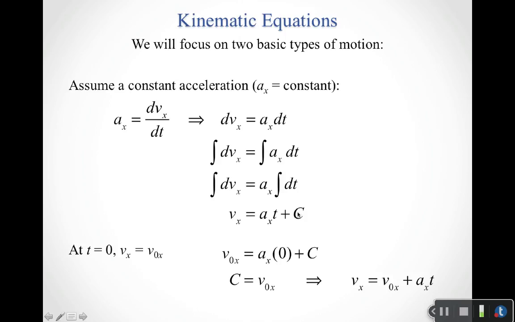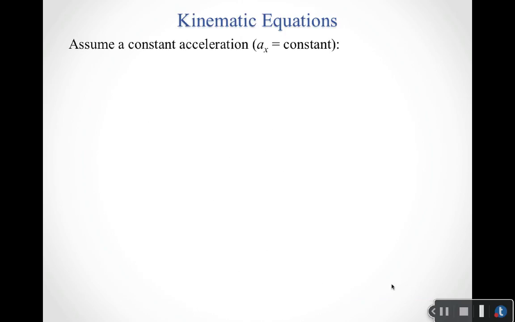So this tells me that my constant is just the initial velocity x component. I'll rewrite this with that term first and then a_x t second. This gives me an equation to solve for the x component of velocity at any instant in time, as long as I know what the initial component of the velocity is.